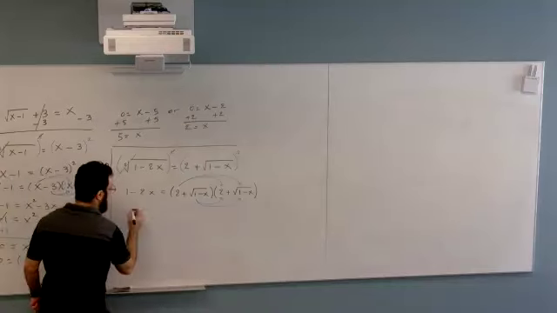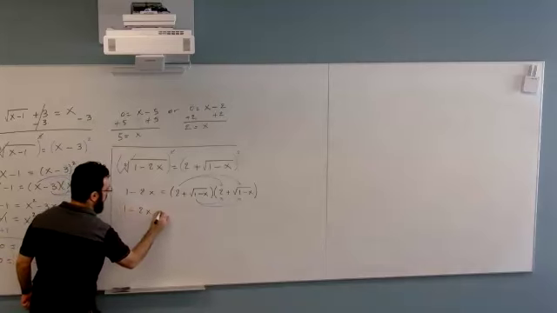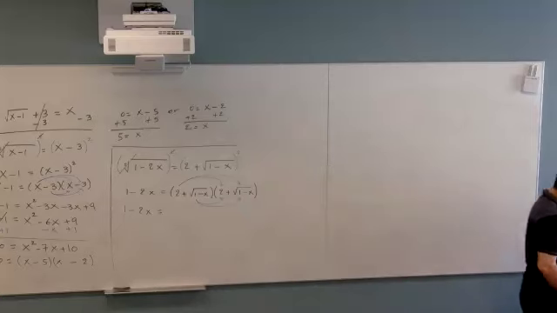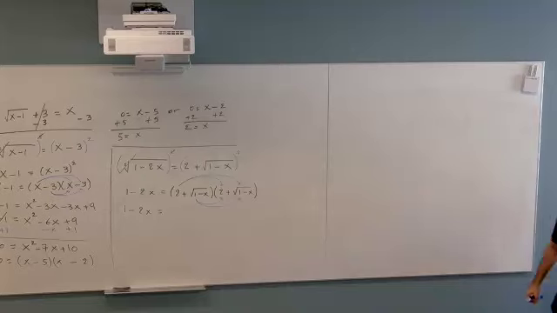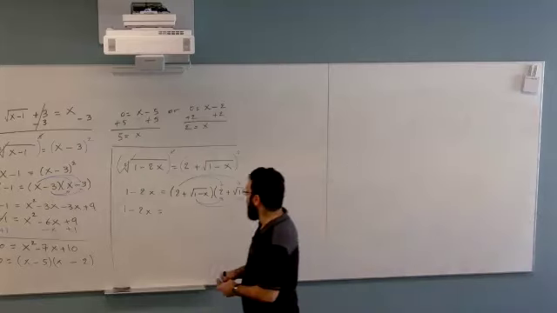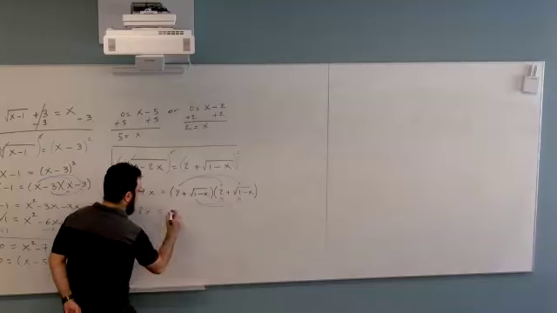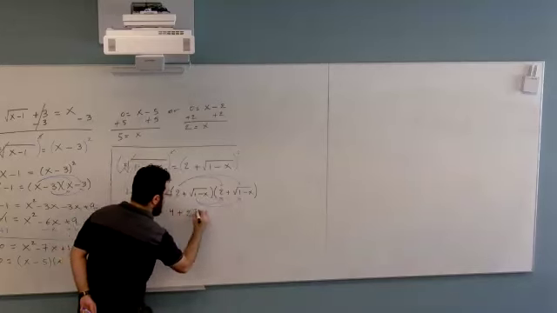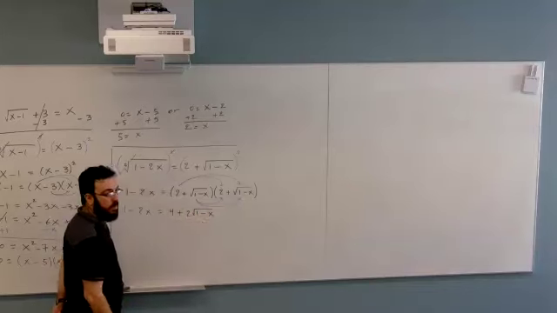So FOIL this one, 1 minus 2x equals what? Plus 2 times 2, 4, okay? 2 times the radical, just write it down like this. 2 times the radical.